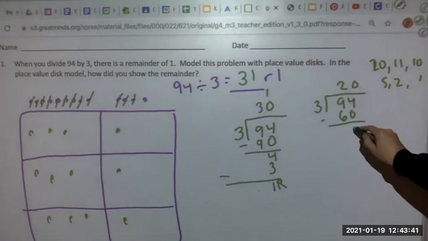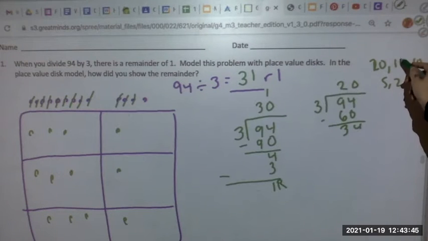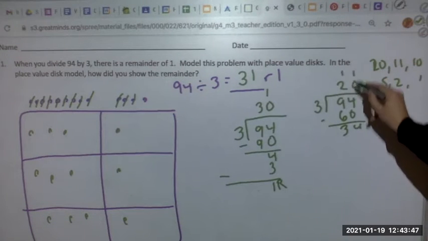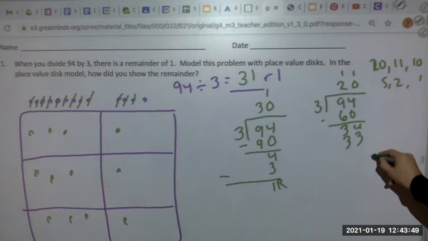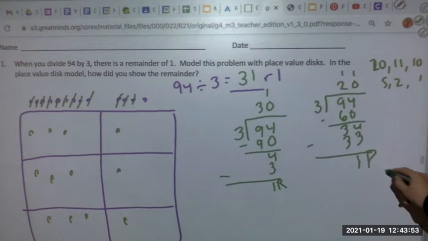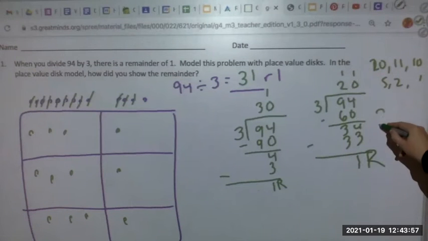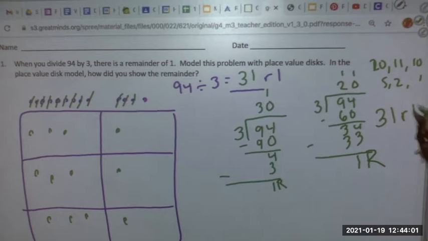Subtract, 4, 34. 3 times 11, 33. 1. 3 can't go into 1. That's a remainder. Answer's right here. 20 plus 11, 31. Remainder of 1. Same. Done and done.